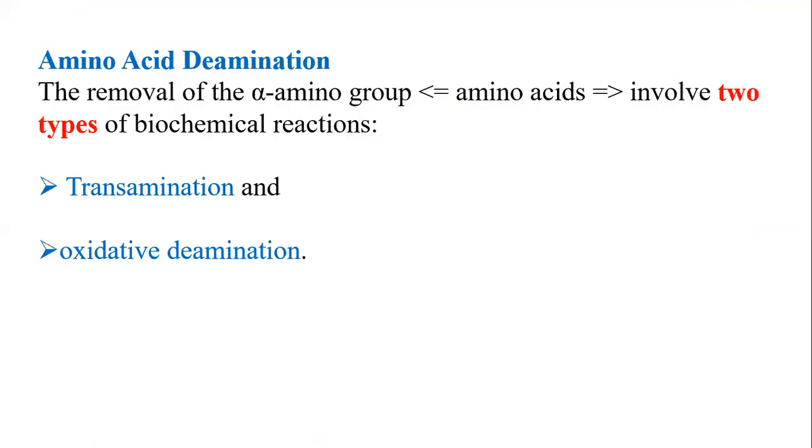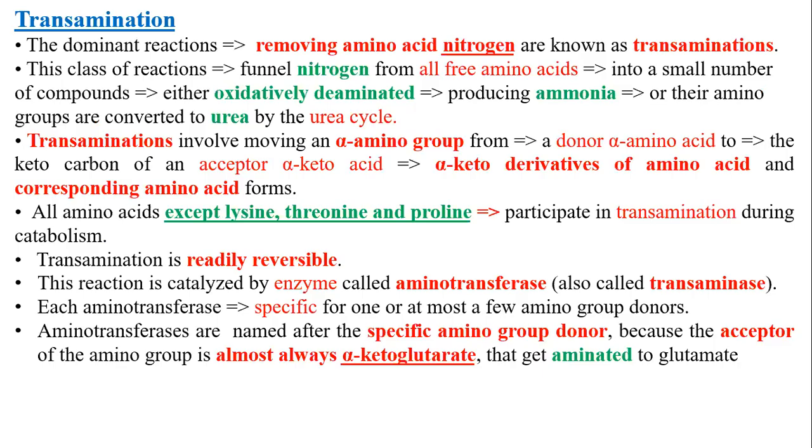Amino acid deamination. The removal of the alpha amino group from an amino acid involves two types of biochemical reactions, that is transamination and oxidative deamination. First of all, we will discuss transamination. The dominant reaction involved in removing amino acid nitrogen is known as transamination.